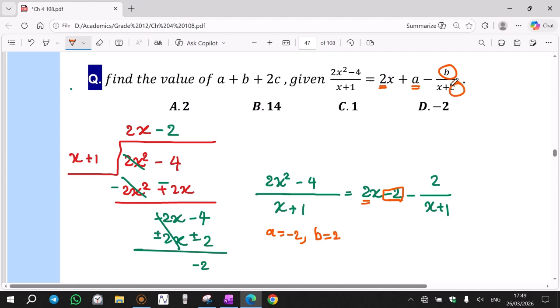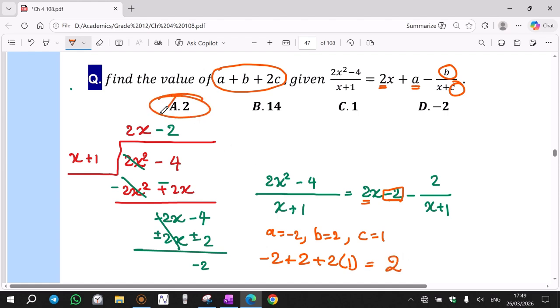And c is right here. c is next to plus, 1 is next to plus. They have the same position. c equals 1. The question is asking for a plus b plus 2c, which is negative 2 plus 2 plus 2 times 1. The result is 2. That makes A the right answer.